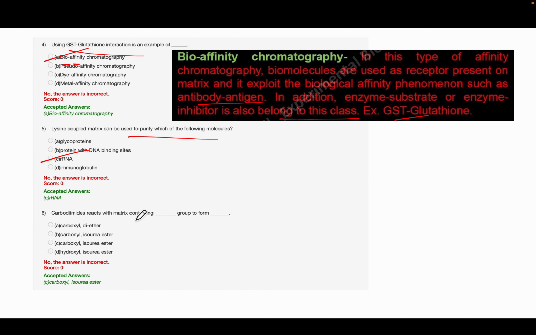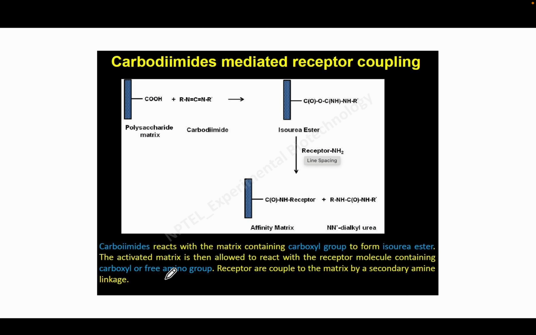Next question. Carbodiimides react with a matrix containing what group to form what group? We have read that it reacts with a matrix containing carboxyl group to form isourea ester. The matrix is a polysaccharide matrix, and it binds with the carboxyl group, and after binding with the ligand, it forms isourea ester.